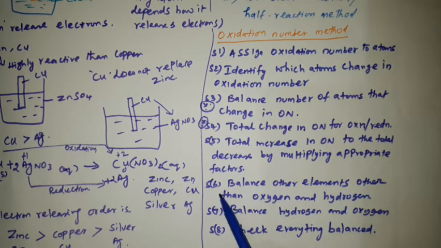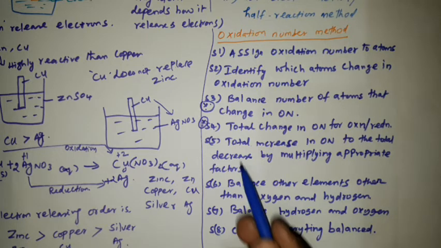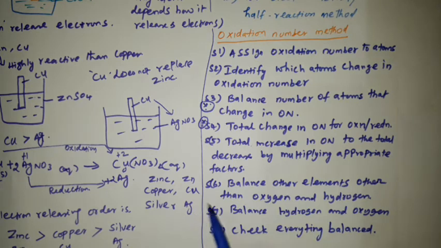In step 6, balance other elements other than oxygen and hydrogen. In step 7, balance hydrogen and oxygen. And in step 8, check that everything is balanced. That's all. I will apply all these steps during the balancing. I will show 1 or 2 examples, then you can easily follow.